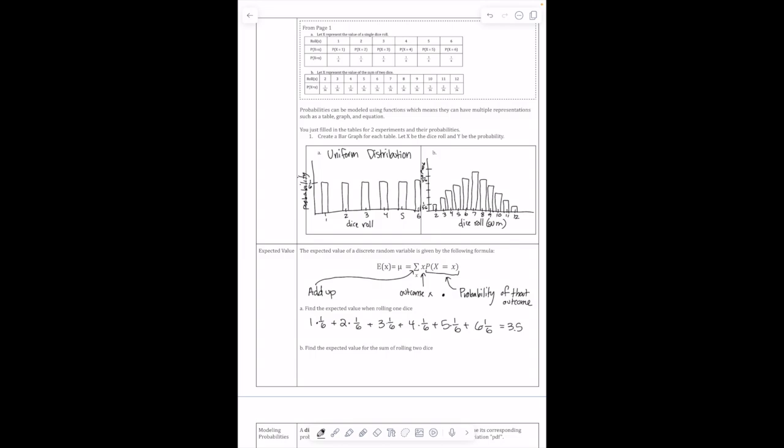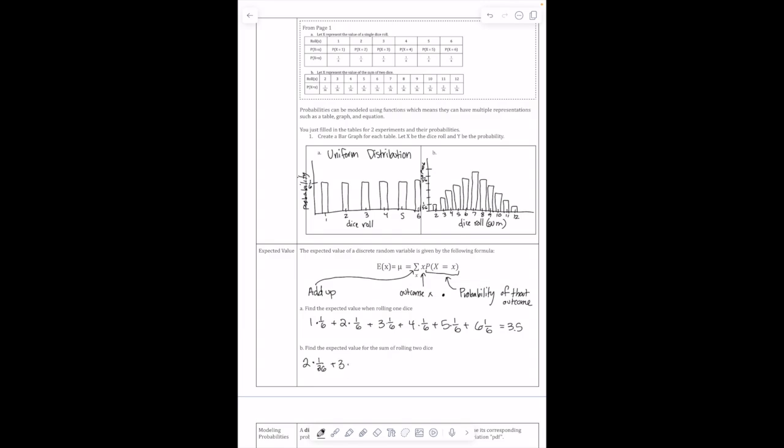Our next one has a little more going on, but it's still the same idea. We think, okay, what's our outcome? And then what's our probability of that outcome? So now we're looking up here. Our first outcome is a 2, and there's a 1/36 odds of that happening, and then we keep it going.